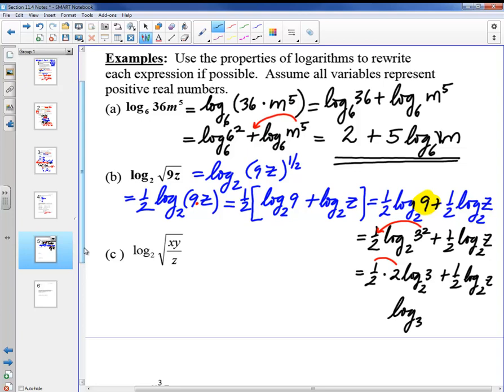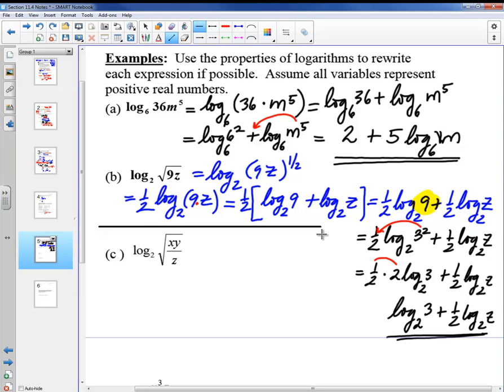And I made the mistake right there. Let me go ahead. Log base 2 of 3 plus 1/2 log base 2 of z. And that is your answer. Now I'm going to draw some lines here to separate that, to work on this next example.